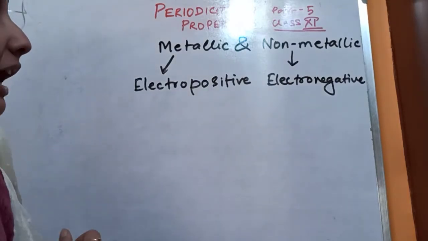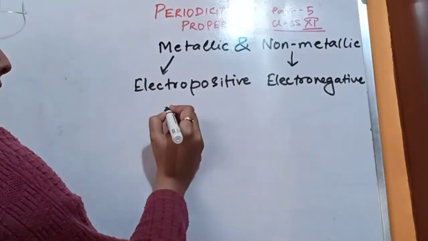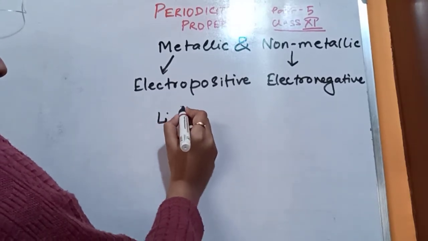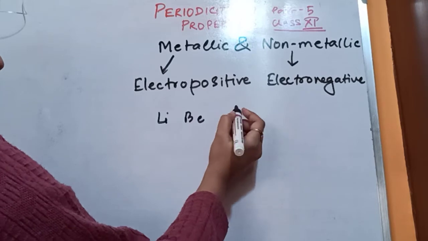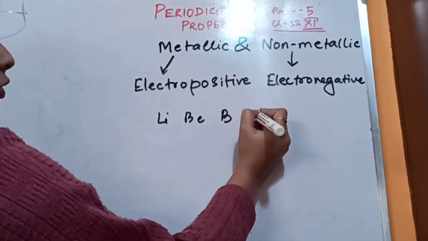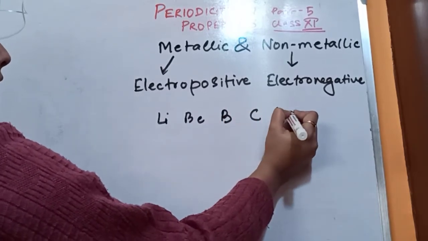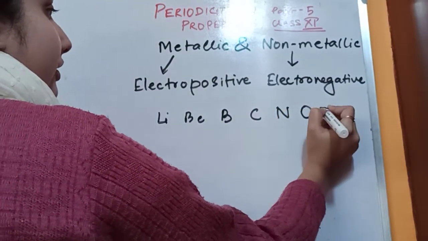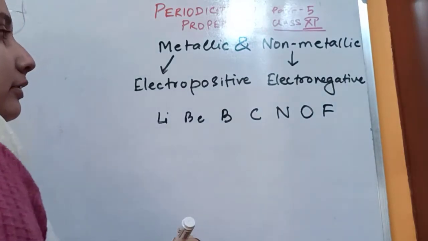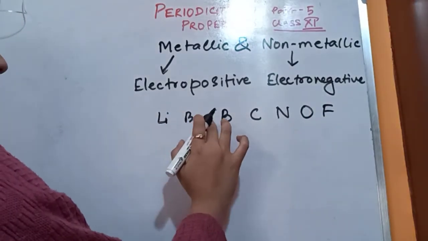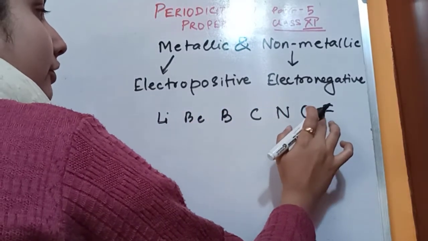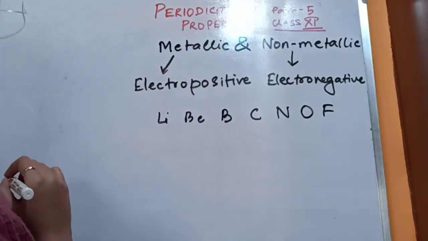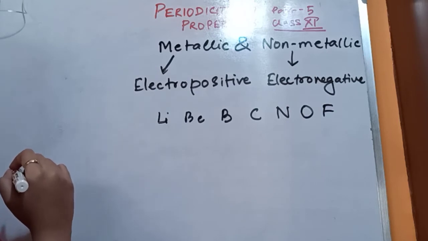Okay, now on moving from left to right across a period, let's start from lithium, beryllium, boron, carbon, nitrogen, oxygen, fluorine. Now what about the valence electrons?